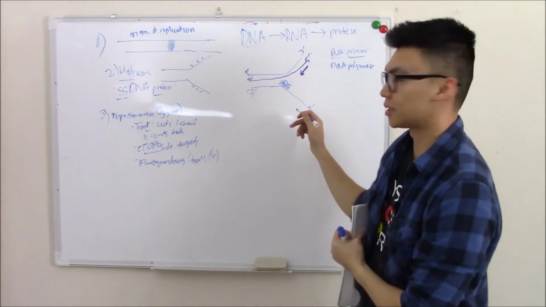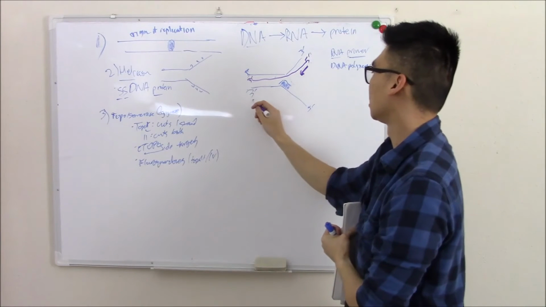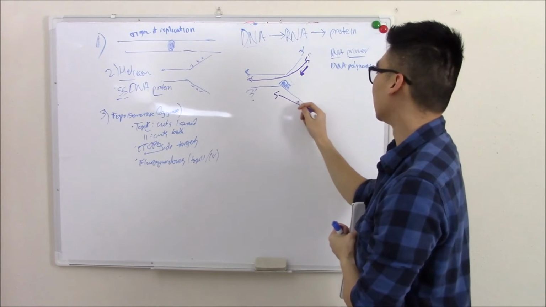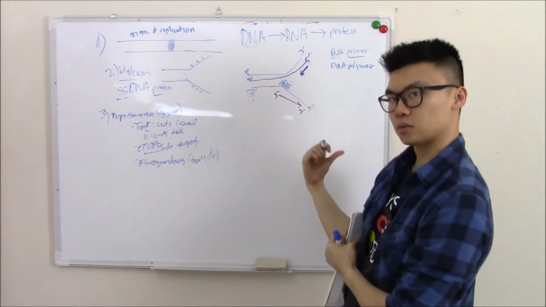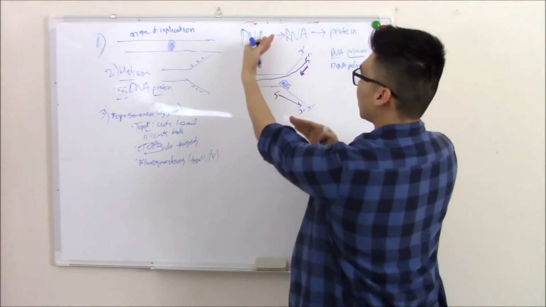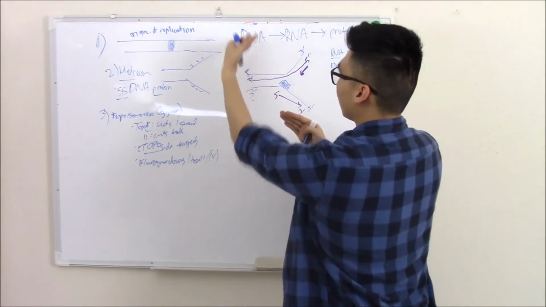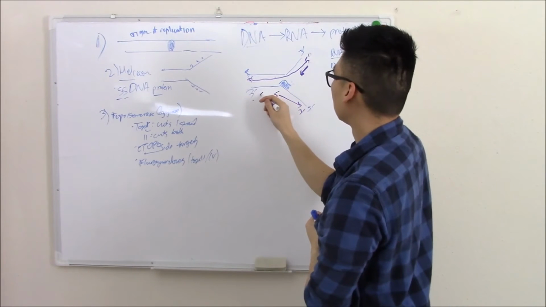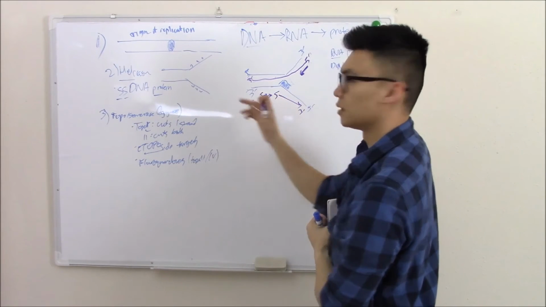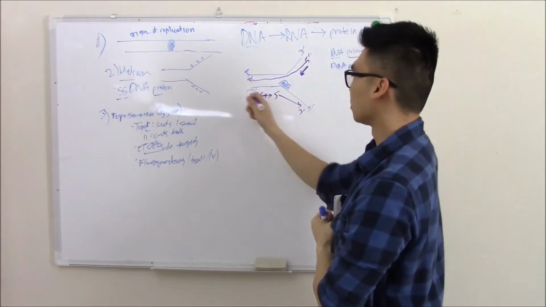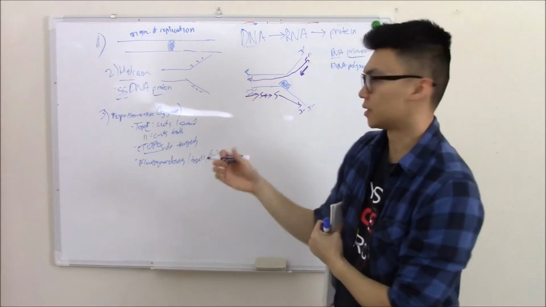However, on the opposite end, on the other strand, we have to make DNA this way. And so it'll open up, we'll make DNA, it'll open up more, we'll have to make another piece, it'll open up more, we'll have to make another piece, and another, and another.